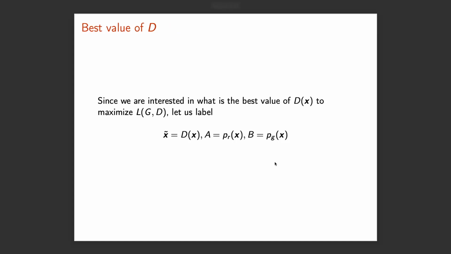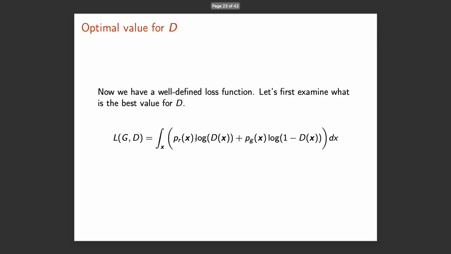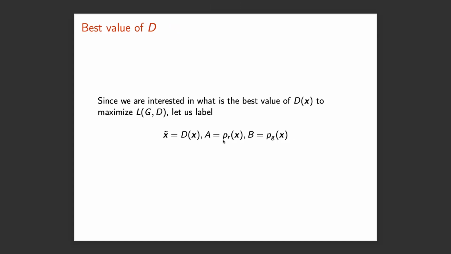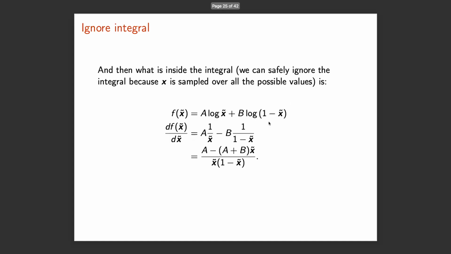If you do that, I'm introducing some additional variables here. We have x tilde, which replaces D of x here. And then I simply put a equal to p of x and b equal to p of g. If you do that, this function becomes like that.